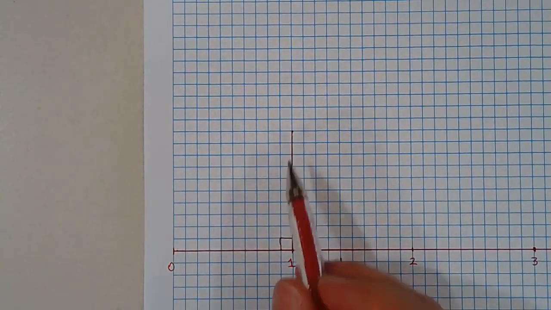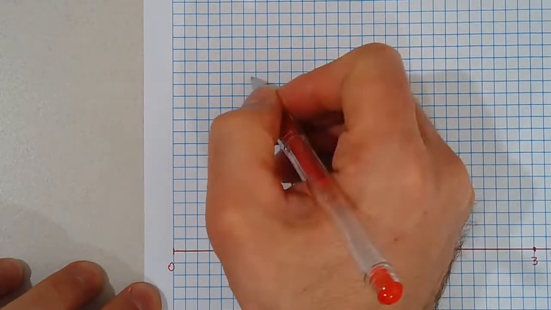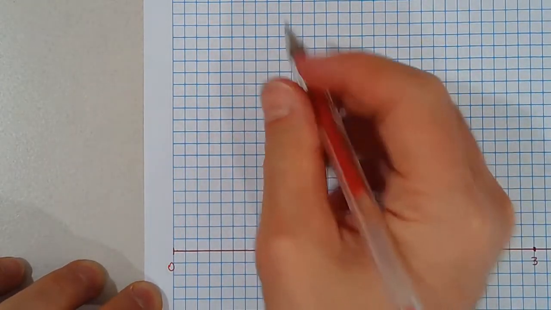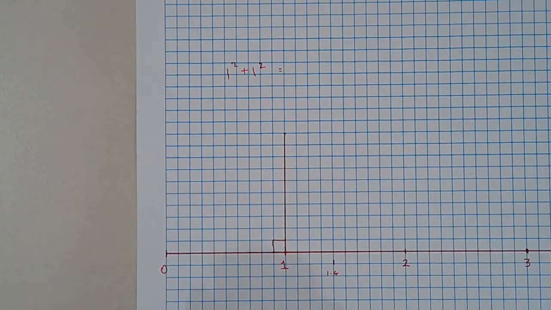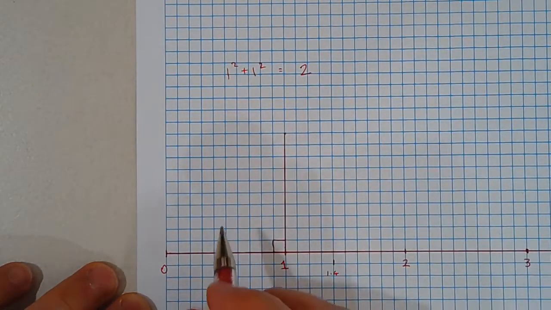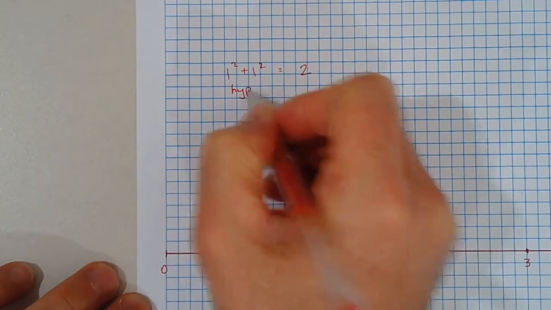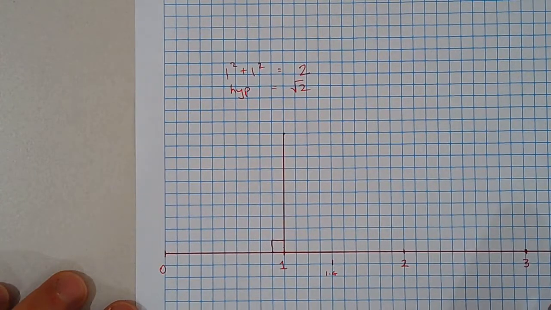So 1 squared plus 1 squared gives you what? Gives you 2. But we want the hypotenuse, so the hypotenuse is equal to the square root of 2. That's just from Pythagoras' Theorem.